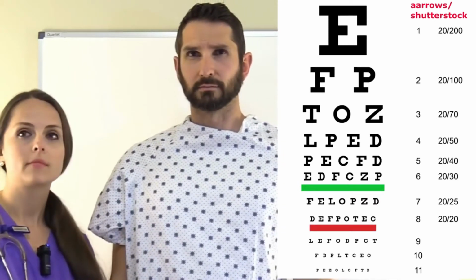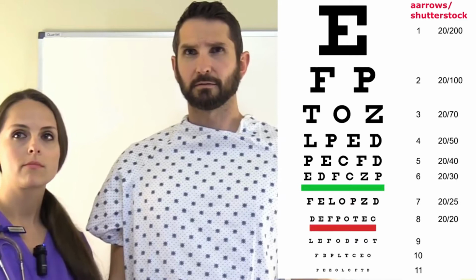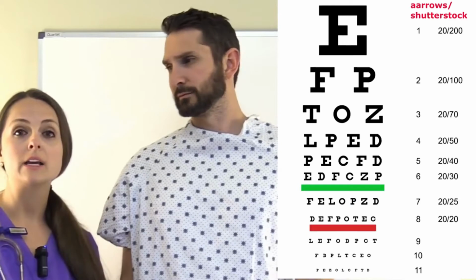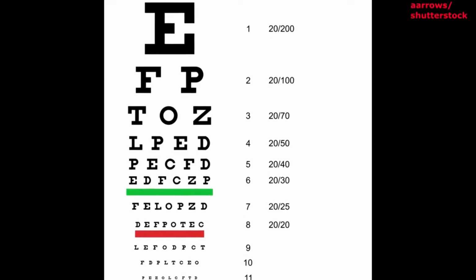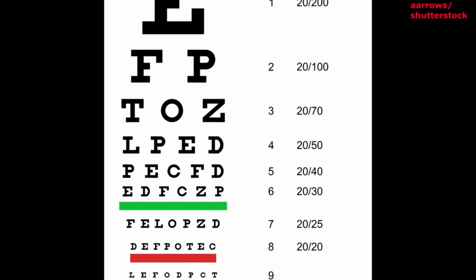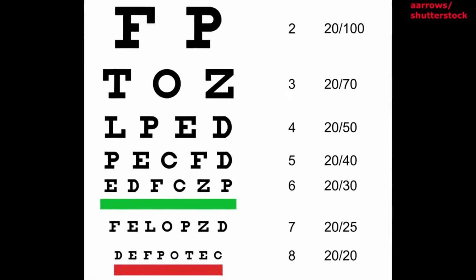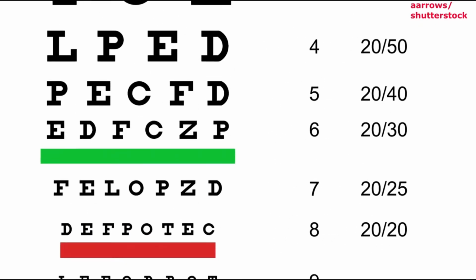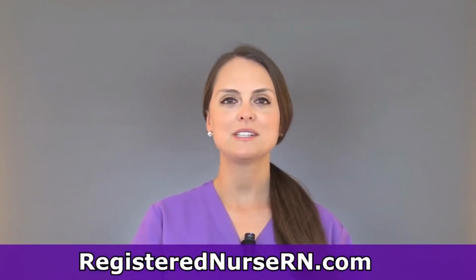And what line? 8. Okay. D E F P O T E C. Okay, and he read from line 8, so that means that he has 20/20 vision. And this means that he can see the same line of letters at 20 feet that a person with normal vision can see at 20 feet. However, let's say that in his left eye, he could only read like line 6, which is 20/30. That would mean that his left eye sees at 20 feet that a person with normal vision would see at 30. Okay, so that is how you assess visual acuity using a Snellen chart.